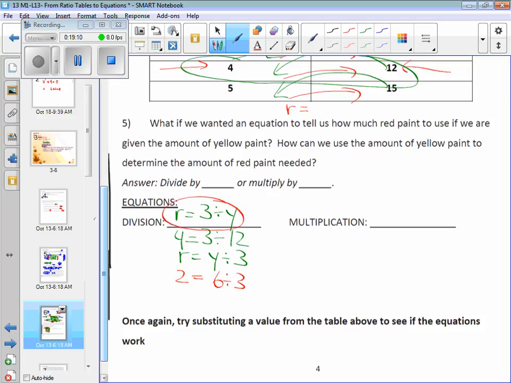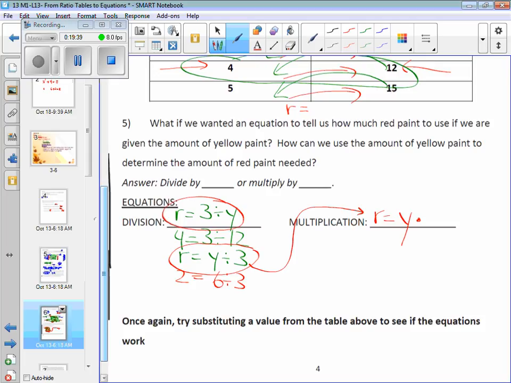Dividing by 3, which is what this is the same thing as multiplying by what? If I told you that you had to form this same equation, but this time you've got to use multiplication, what would you have to multiply by?